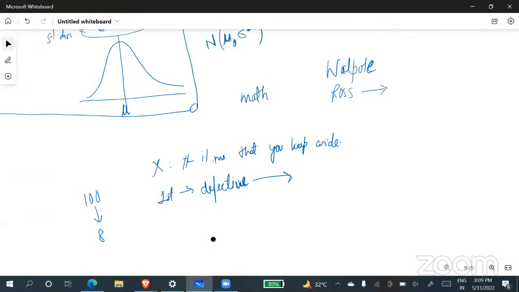Okay. So if the first item is defective, it means you're not keeping any items aside, right? It means 0. If you get the first defective in the second trial, it means the first item that you got was not defective and you kept it aside.